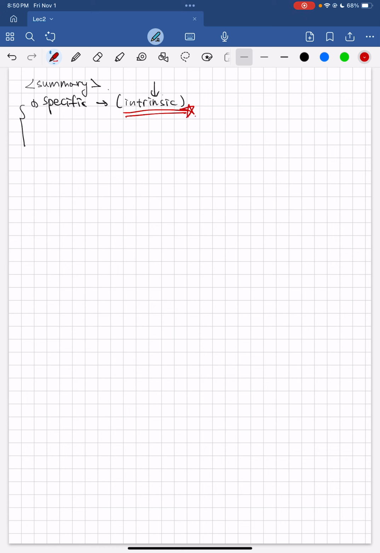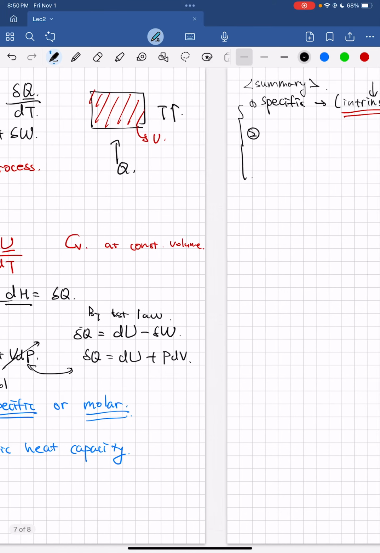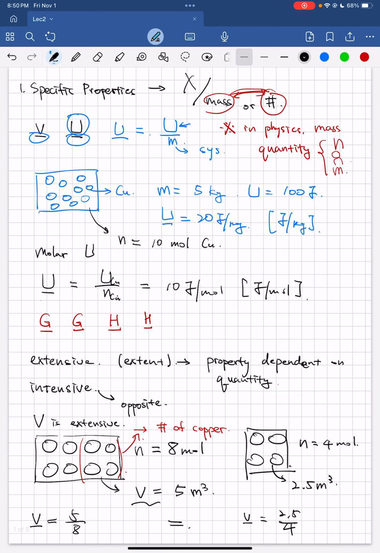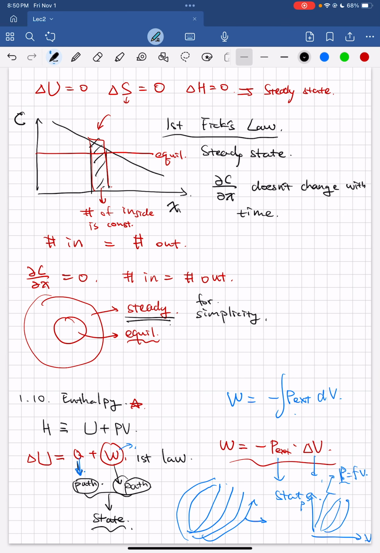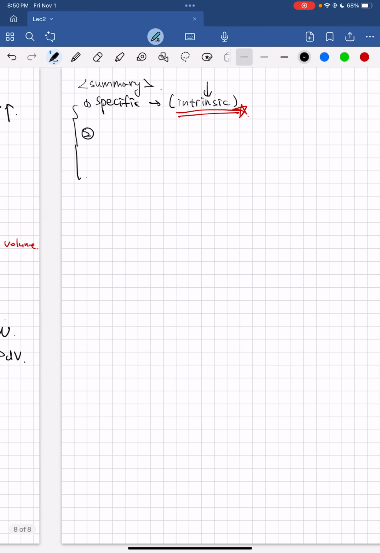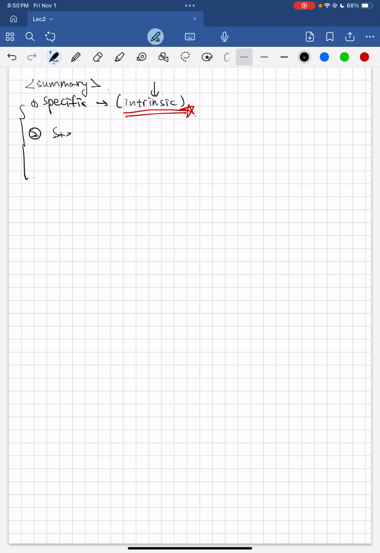Okay, and the second part was about, what was it? Here, yeah. And then we talked about steady state, or equilibrium, which is a system that doesn't change with time. Okay?